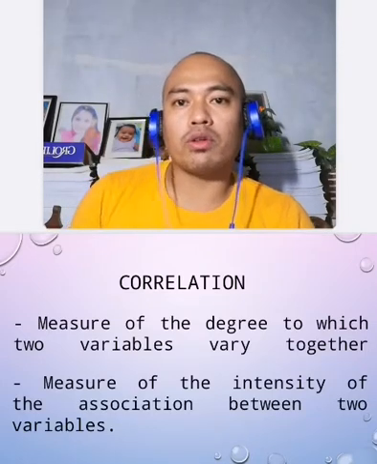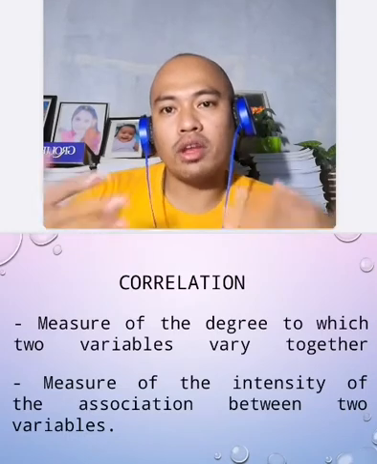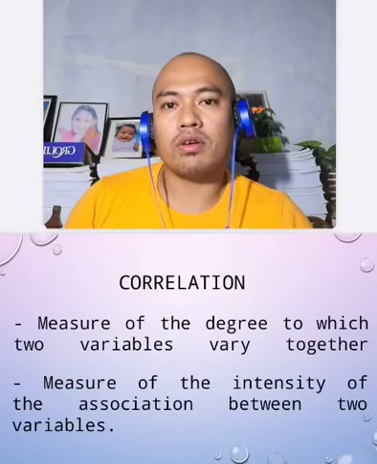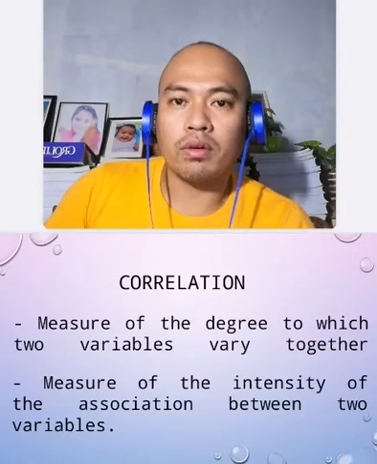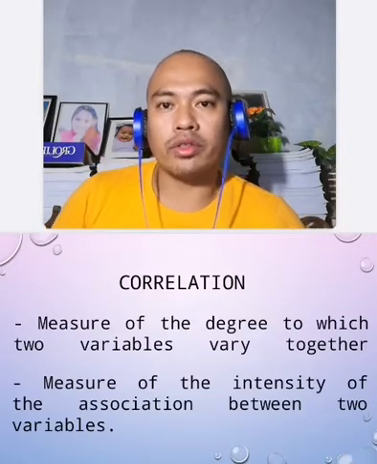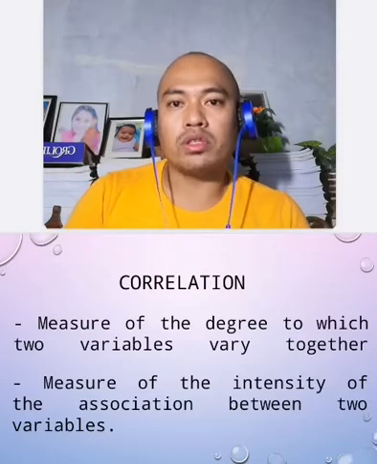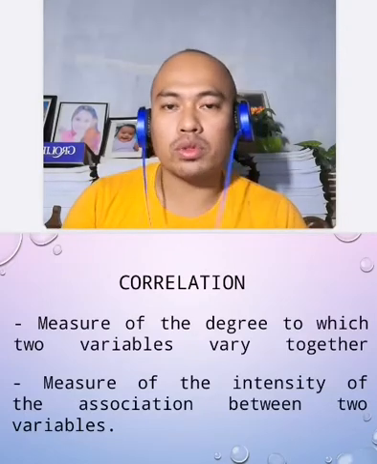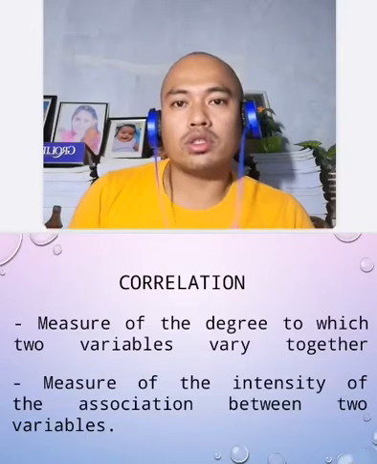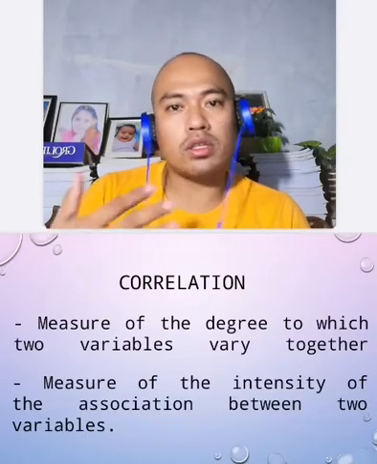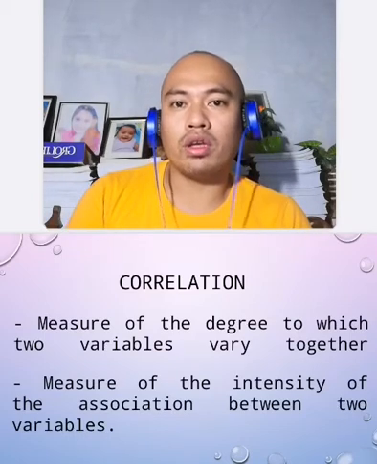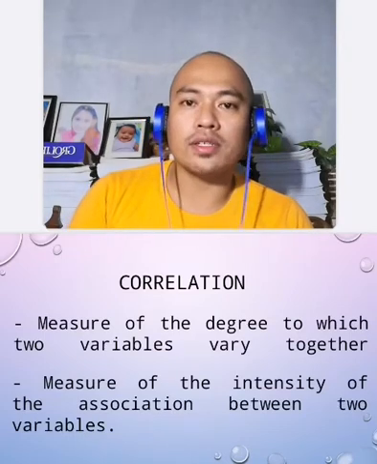For us to be able to identify the relationship, the correlation, the index of these variables involved under study, we will be using several important statistical tools. Later on, I'll be talking to you one by one about these specific tools that we can use when we are doing correlation analysis.